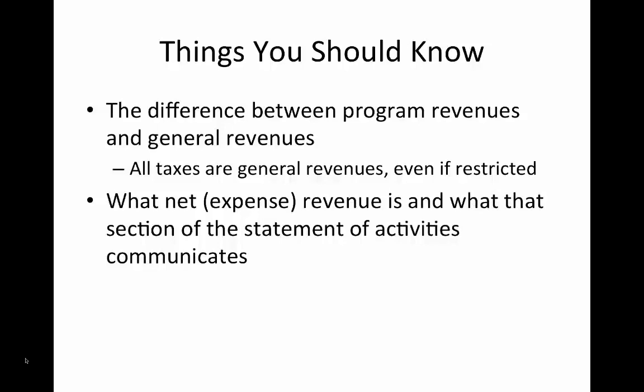You should understand this concept of net expense and net revenue, how that works in the statement of activities, what that is intended to convey, which is, in general, the degree to which a government's programs and functions are self-sustaining. You wouldn't expect governmental activities like police and fire and sanitation to be self-sustaining.